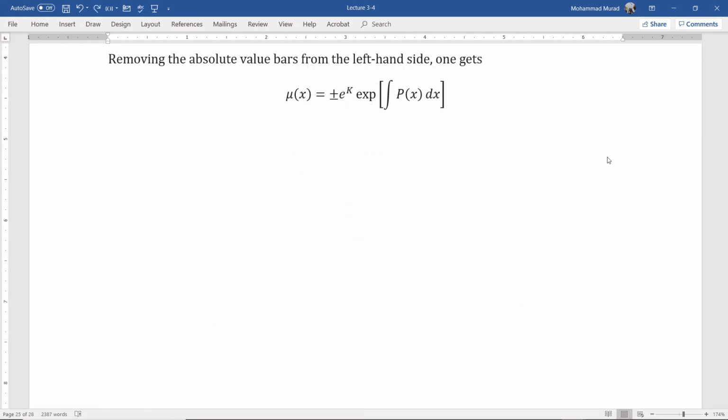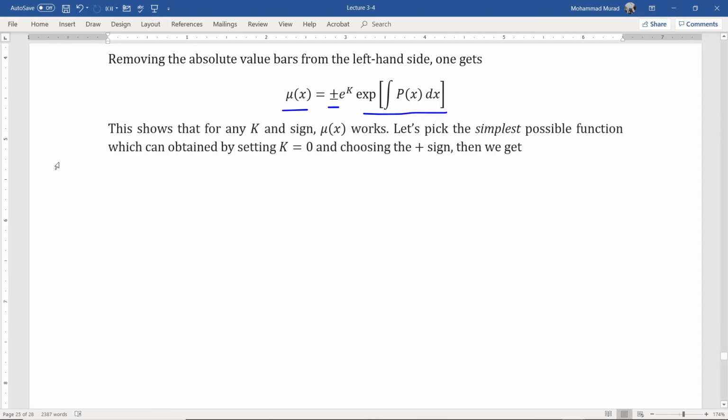Now removing the absolute value bars from the left-hand side of the previous equation, we get mu of x equals plus or minus e to the k times exponential of the integral of p. This shows that for any value of k and the sign, mu of x works as an integrating factor.